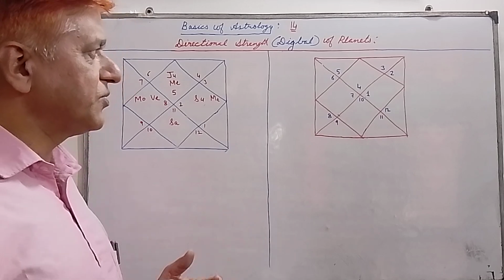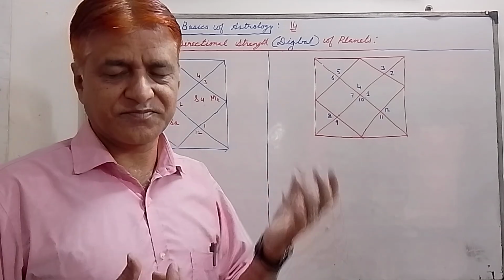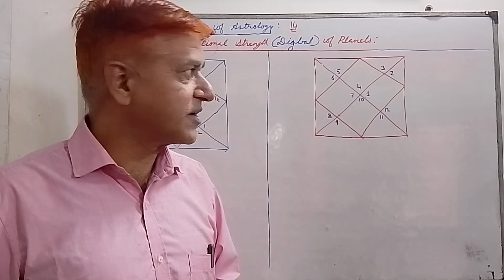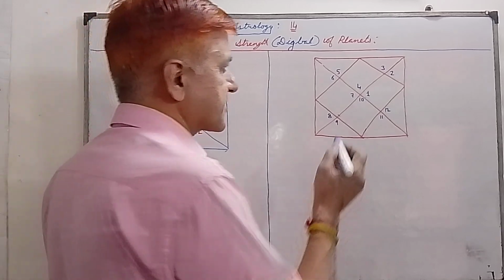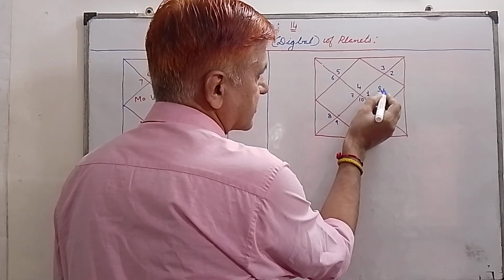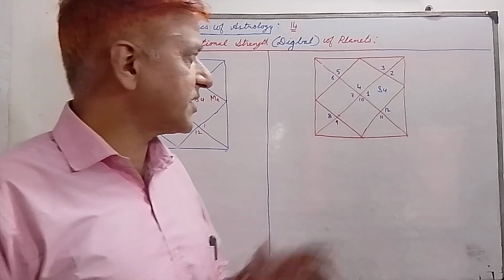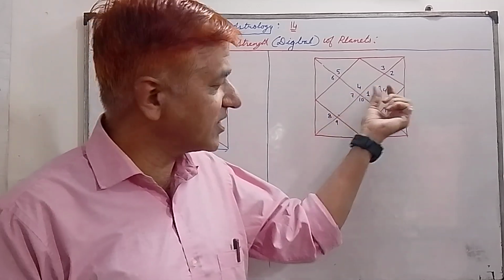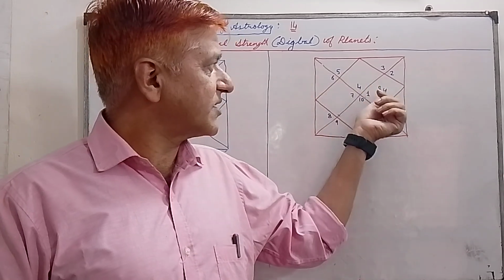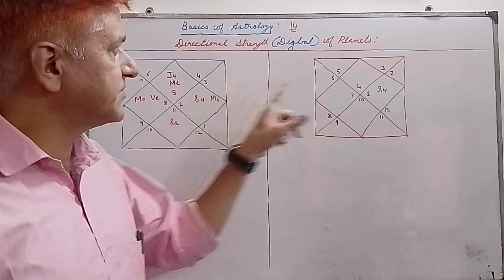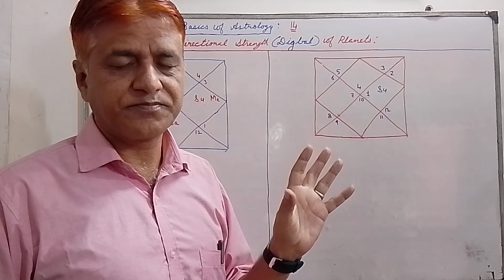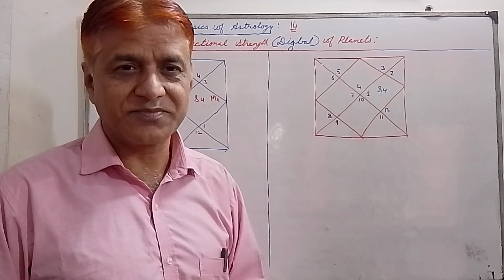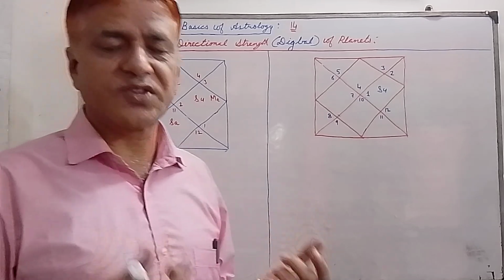Now how to use this in our horoscope or birth chart. Suppose Sun is posited in your 10th house. Regardless of the sign, you do not have to consider the sign, only the 10th house. In the 10th house, Sun gets directional strength. It becomes strengthened. Now what is the significance of Sun?